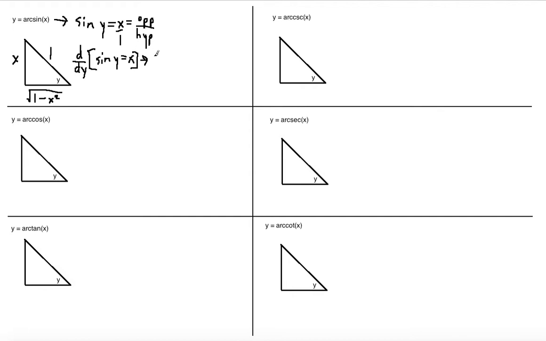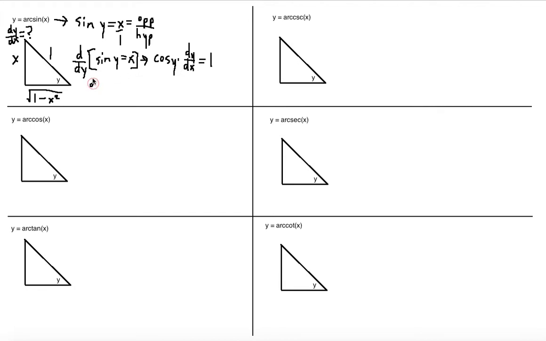The derivative of my outside here is going to be a positive cosine of y times whatever dy dx is. And the derivative of x, of course, will just be 1. Now keep in mind, our whole goal is to find what dy dx equals. So we've got an equation that's set up for it now.